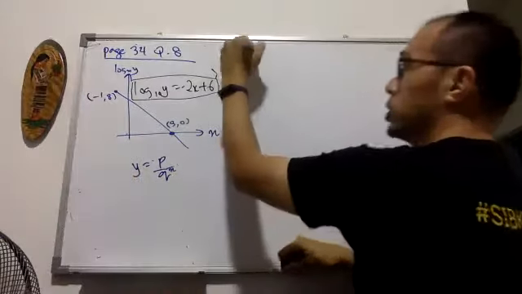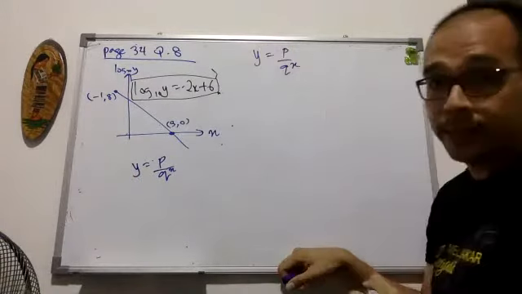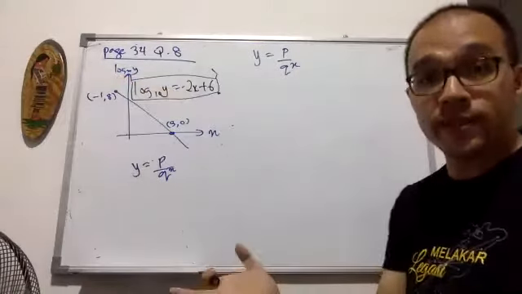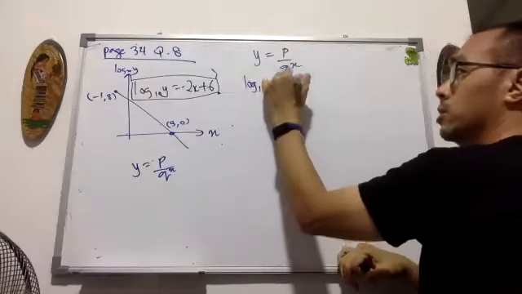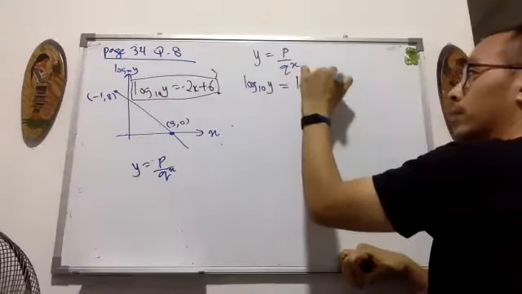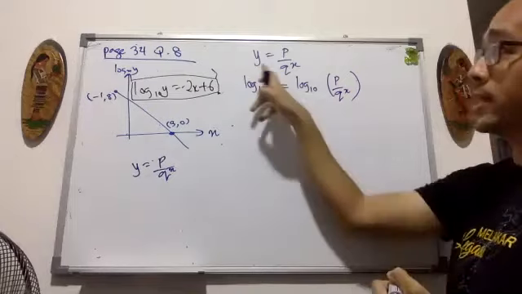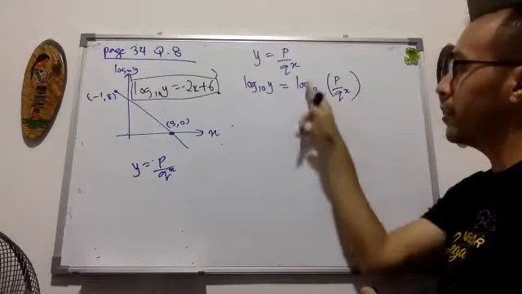So if I'm going to use y equals p over q to the power of x, if I want to change y to become log y, I need to log both sides. So this would be log y equals log of p over q to the power of x. We log both sides of the original equation, and then we use the logarithm rule.